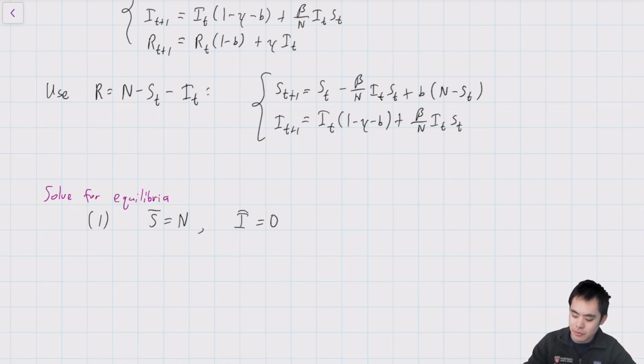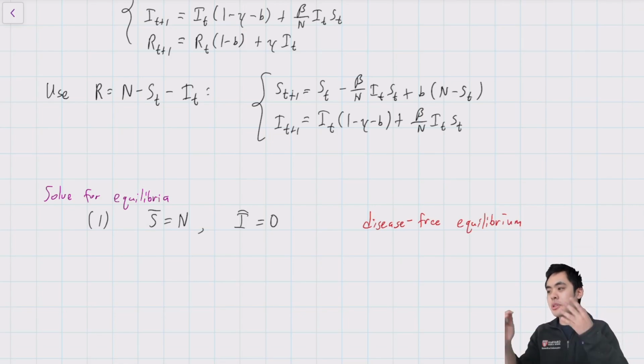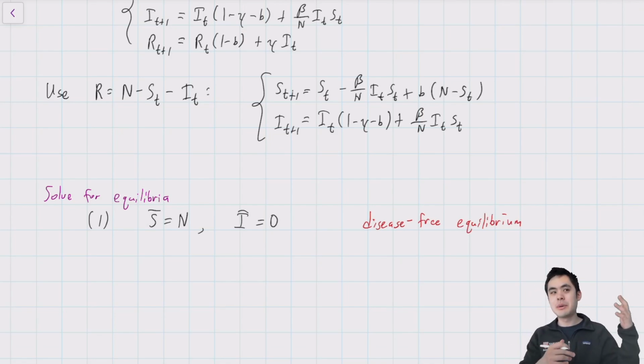This is often called the disease-free equilibrium. It is the equilibrium that happens when the disease dies out for some reason or another. In this equilibrium, no one is infected and everyone is susceptible, because if everyone recovered from the disease, eventually all those recovered people would die off, and all reborn children would be susceptible again.